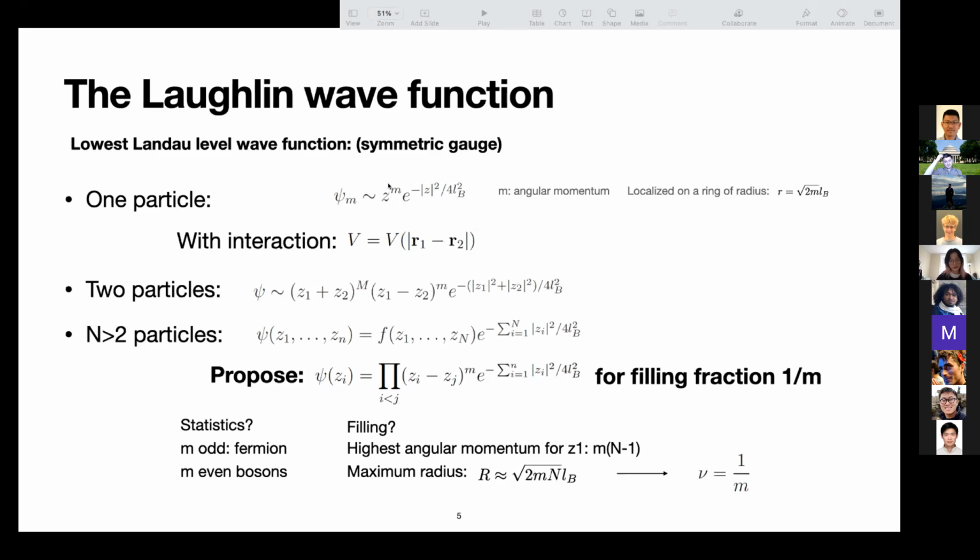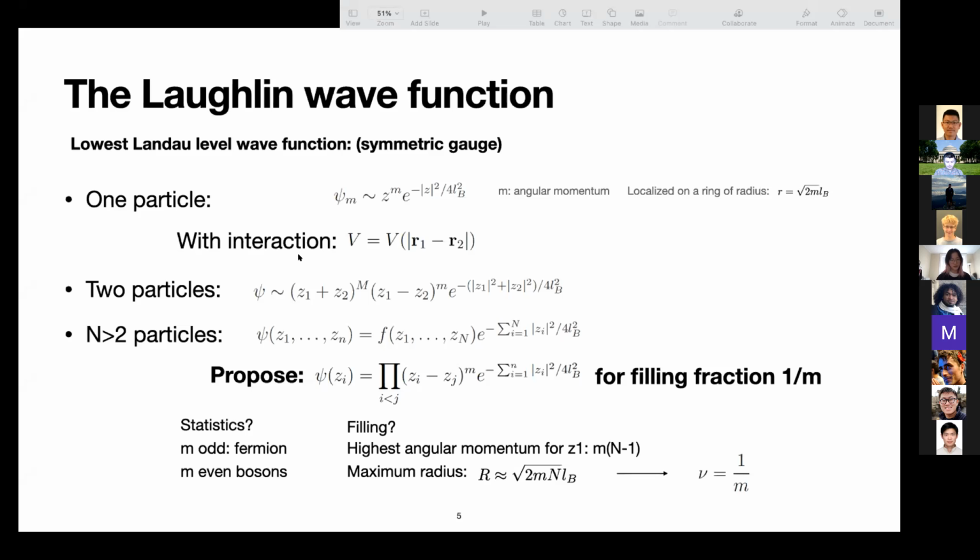The power here, m, labels angular momentum, and this wave function is localized on a ring of radius proportional to the square root of m times the magnetic length.